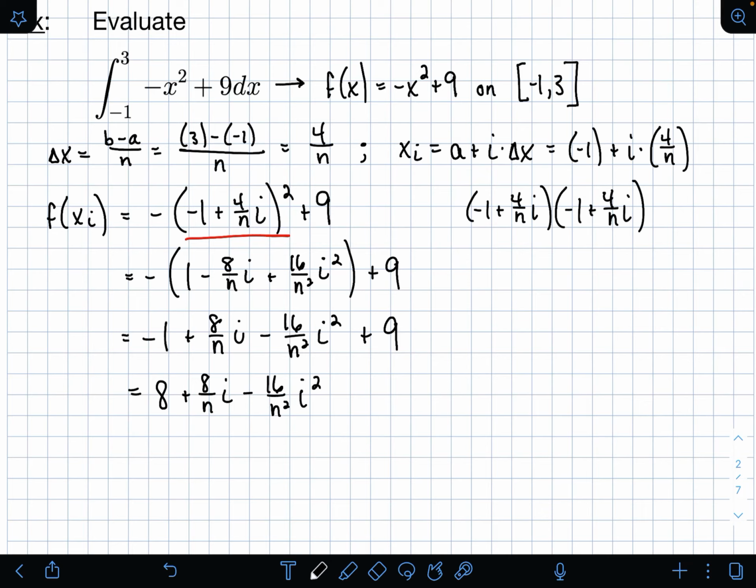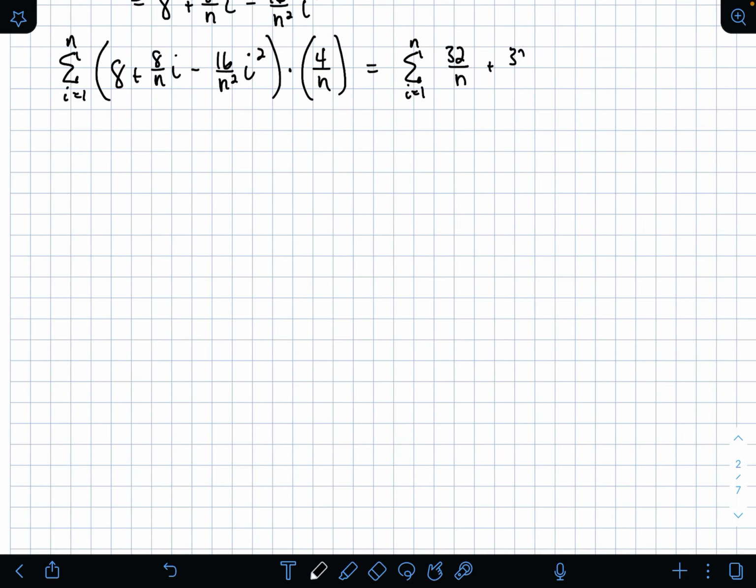We'll need to distribute the 4 over n, which gives us 32 over n plus 32 over n squared I.